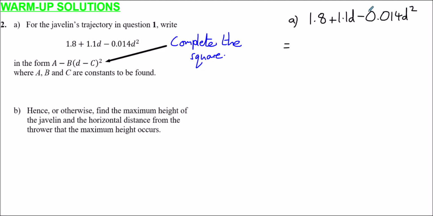So we need to factorise out this minus 0.014. So I'll leave 1.8 as it is, and this minus 0.014 I'm going to factorise out, and then put the rest of the stuff in brackets. So I'm going to minus 0.014, in fact that minus should be part of it too.